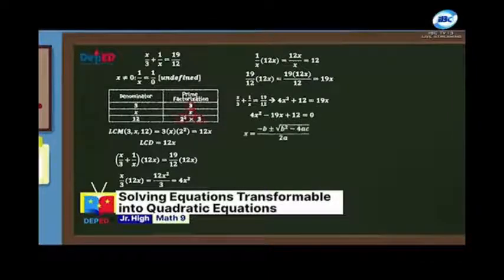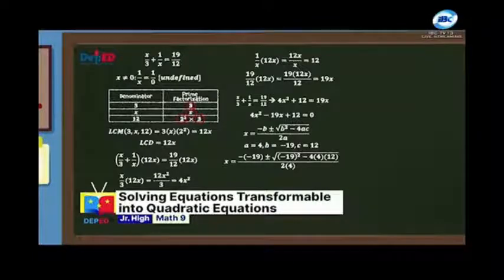Let's use the quadratic formula to solve this derived quadratic equation. In the equation, a is 4, b is negative 19, and c is 12. x equals the negative of negative 19 plus or minus the square root of the expression square of negative 19 minus 4 times 12, all over 2 times 4.